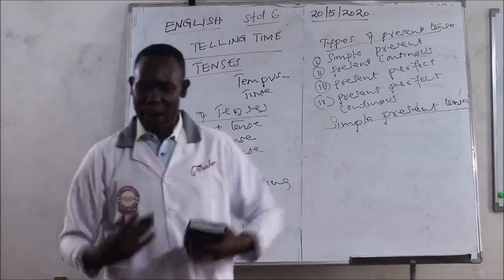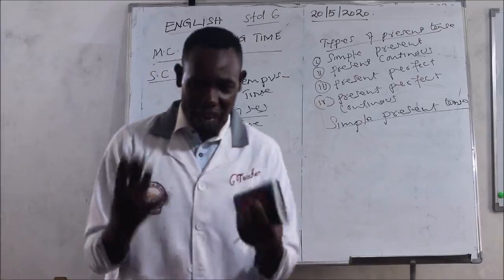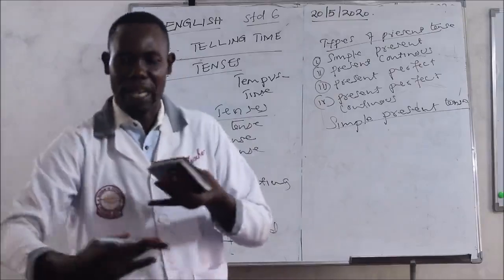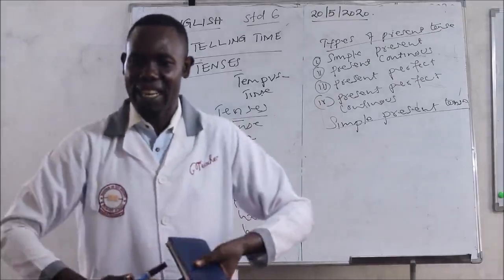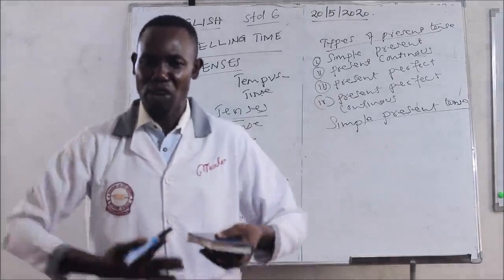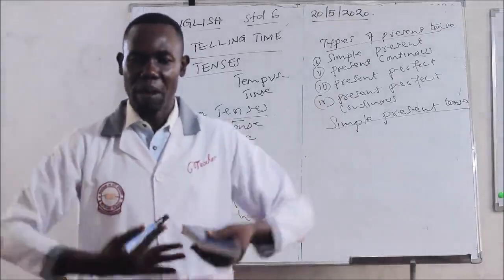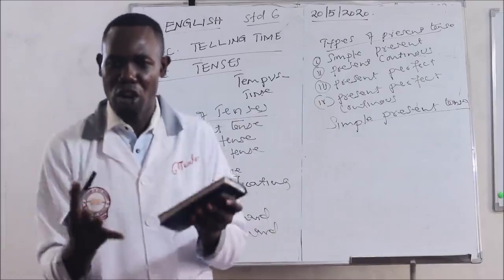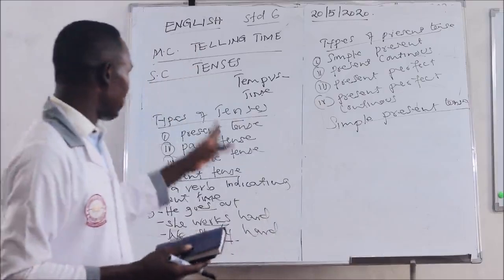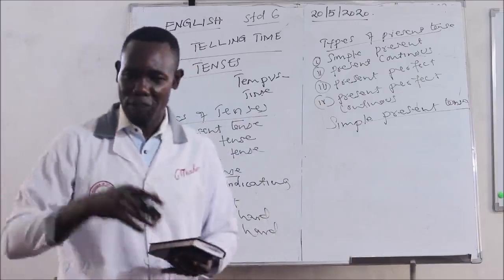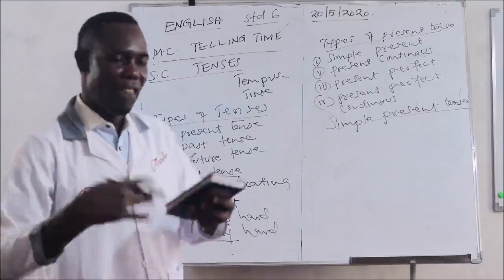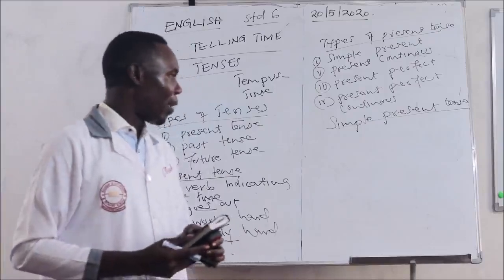When you hear the word continuous, it is something that is going on, something that is progressing, something that is moving. For example, can you continue doing what you are doing? Maybe you are drinking water. Somebody tells you continue. That means you are supposed to go on with it. So present continuous tense is a type of tense that is talking about what is going on now or at the moment. More we shall learn in our next lesson.